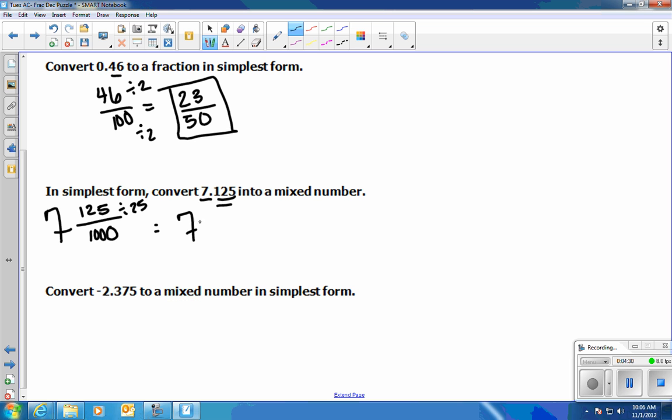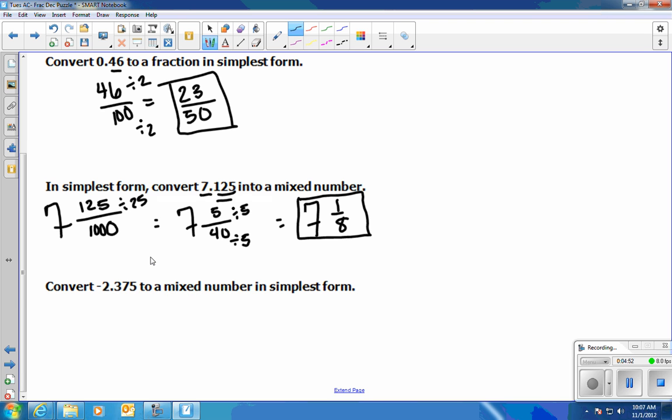When you divide by 25, you get 5 and 40. Okay, still need to simplify some more. So this is going to be 7, again, just hanging out in front, and 1/8. And this is actually one of those ones that's on your chart that you should be memorizing. So hopefully you wouldn't have to do this conversion every time.